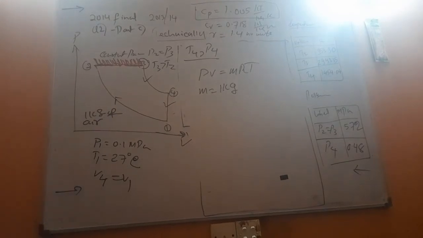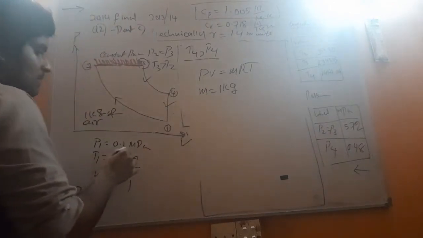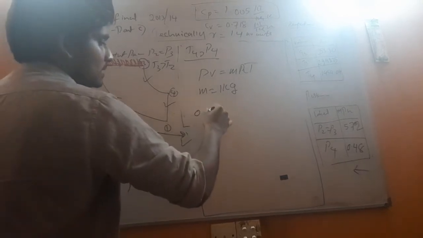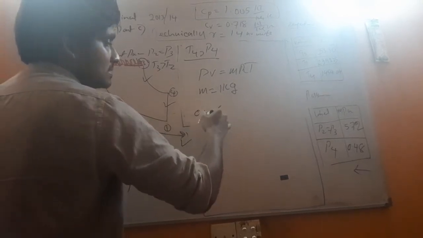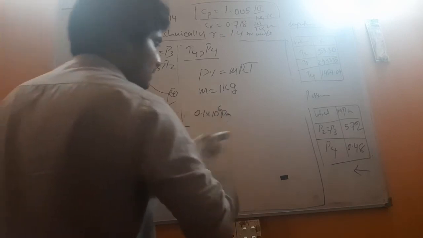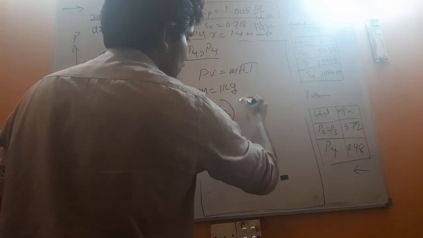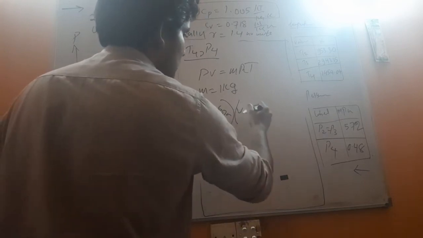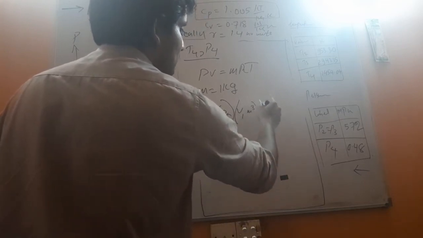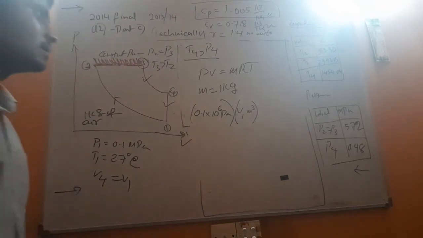Pressure 0.1 megapascal, that means 0.1 into 10 to the power 6 pascals, keeping standard units. Volume you don't know, let's say volume V1 in cubic meters.